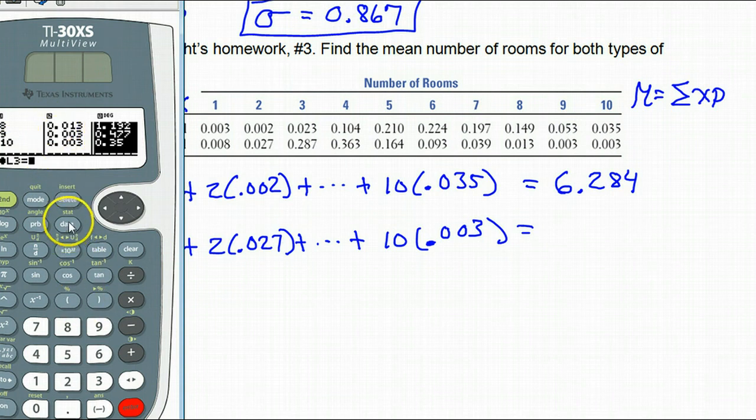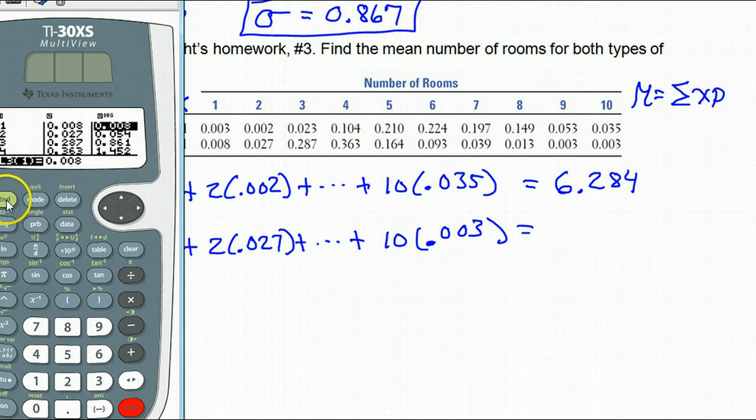So data, list 1, data, list 2. If I hit enter, then these should be all the xp's. And once again, I need the sum of all of them.